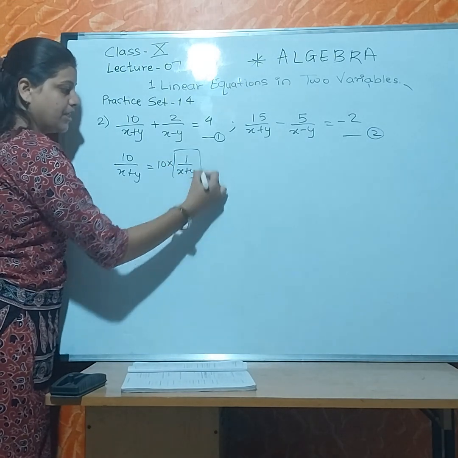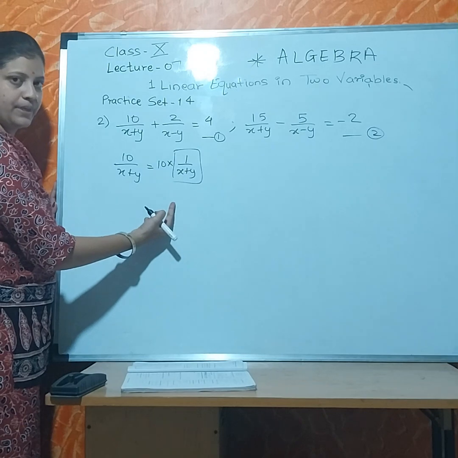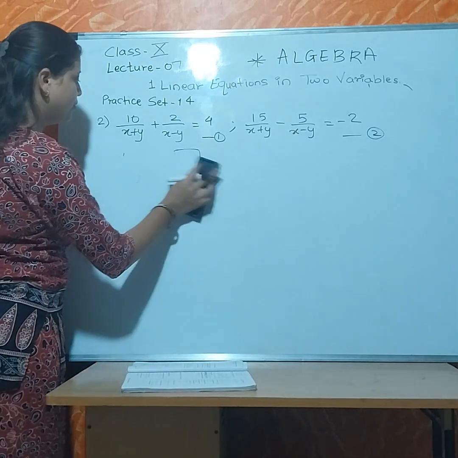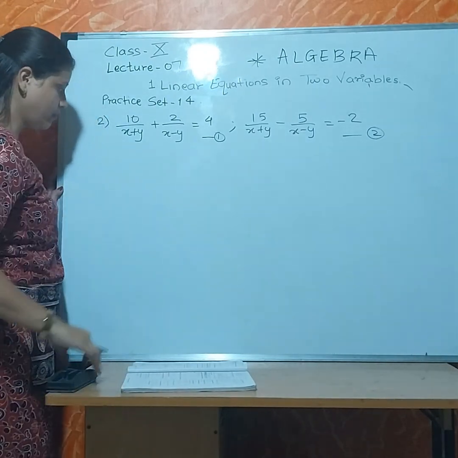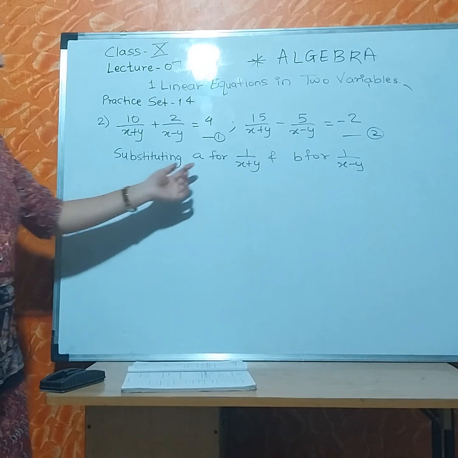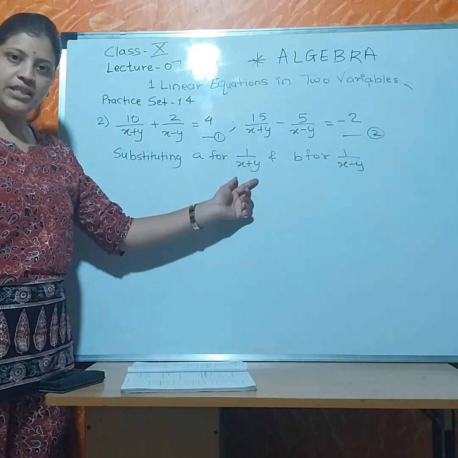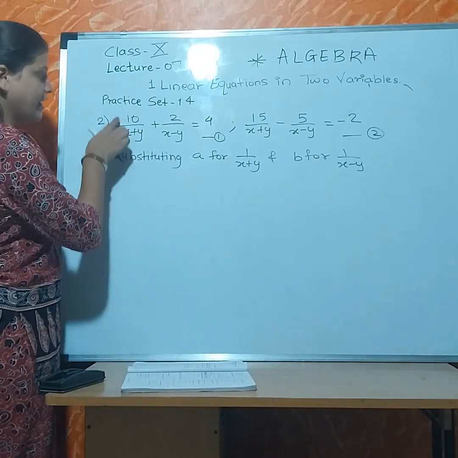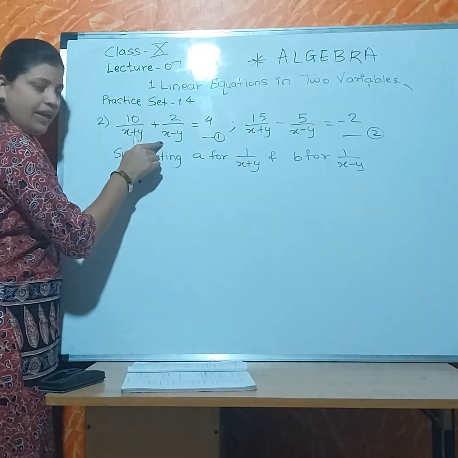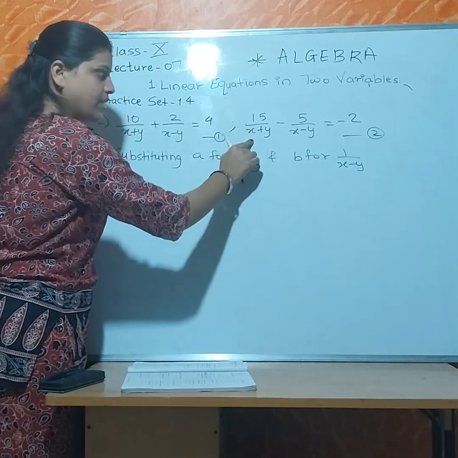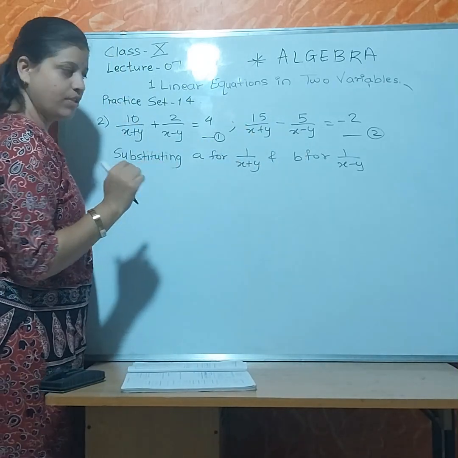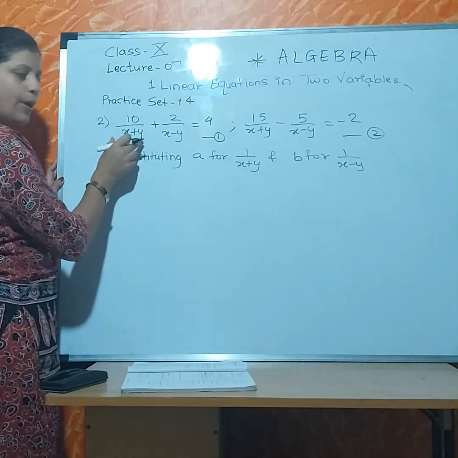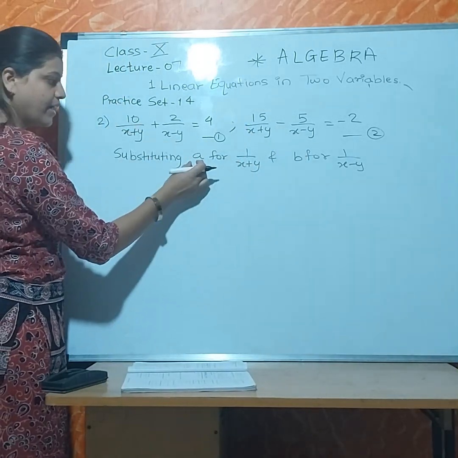So we can substitute this whole 1 upon x plus y. Now let us see how we will substitute this. We will substitute a for 1 upon x plus y and b for 1 upon x minus y. So 10 into 1 upon x plus y, but 1 upon x plus y is a.